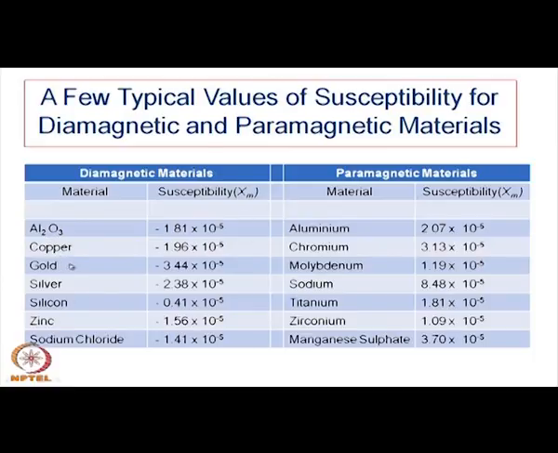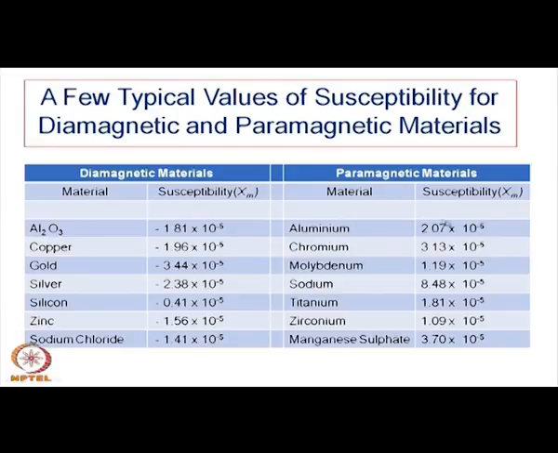Aluminum oxide, copper, gold, silver, silicon, metallic zinc, sodium chloride. Sodium chloride and aluminum oxide are two compounds, they have a similar range of susceptibilities, and they are diamagnetic materials.